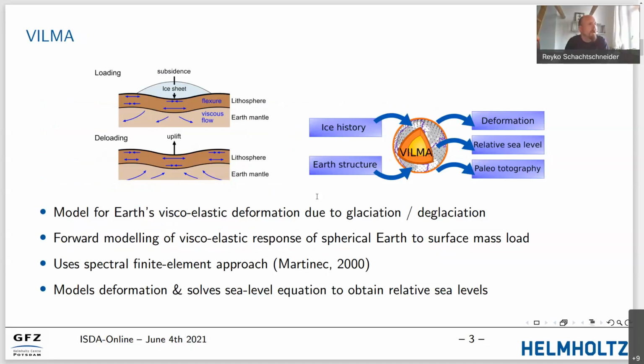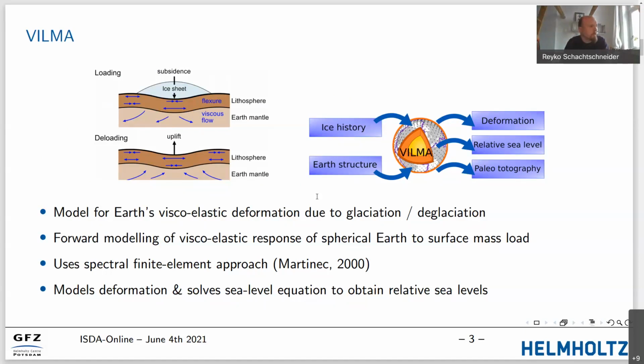So what is glacial isostatic adjustment? That is the viscoelastic response of the Earth's surface to a changing mass load. If an ice sheet forms at the surface, the lithosphere is bent, and viscous mantle material flows laterally away from the center of the subsidence.